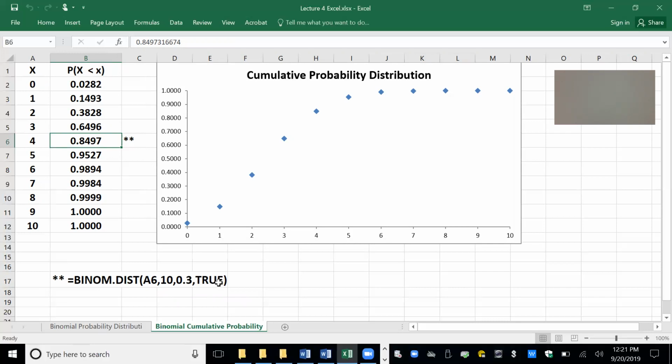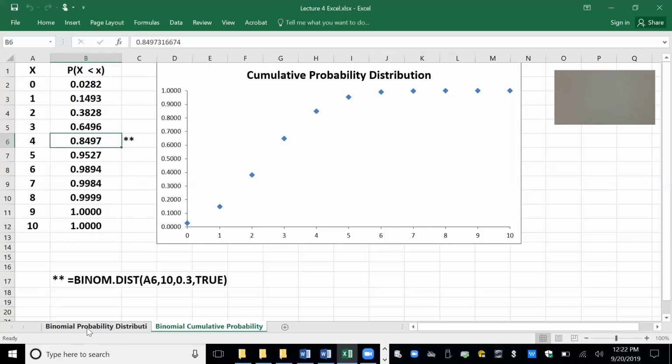I say true, I want the cumulative. And we get a shape of a curve like this. This is a stretched out S curve. This is called an ogive curve, as we'll also learn in the second half of the course. Any curves that look like stretched out S's are typically called ogive curves.